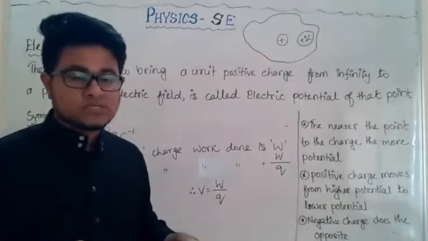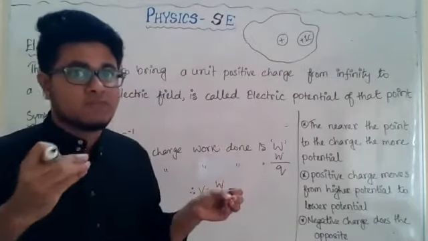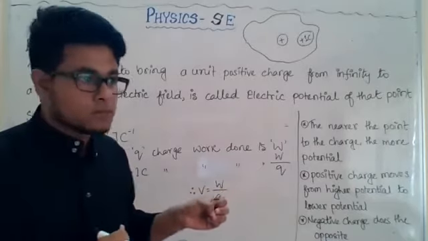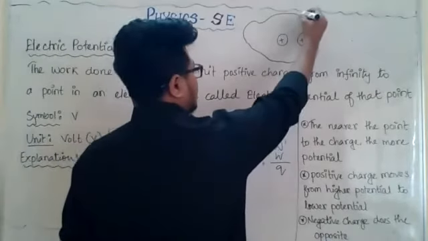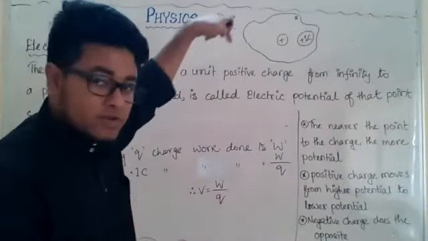Why is it important to mention that point? Because if you bring the charge to another point, you will be doing a different amount of work. Understood this one? Okay. If I bring the charge to this point, I will be doing some amount of work, right? From infinity I am bringing.